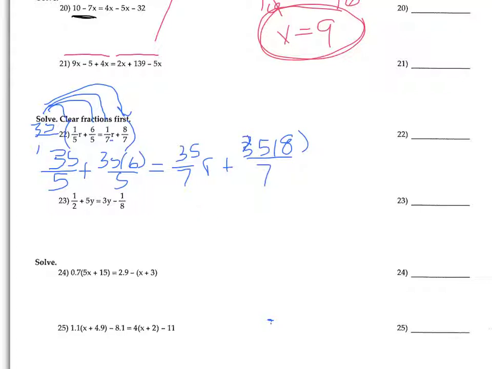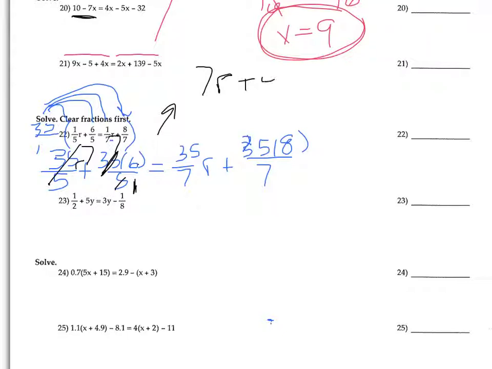Because what we're going to notice here is we're going to get some cancellation. So here, 35 goes into 5 7 times. So that's really a 7. We get 7r. So here the 5 goes into 35 7 times, leaving us a 1 here. 7 times 6 is 42.